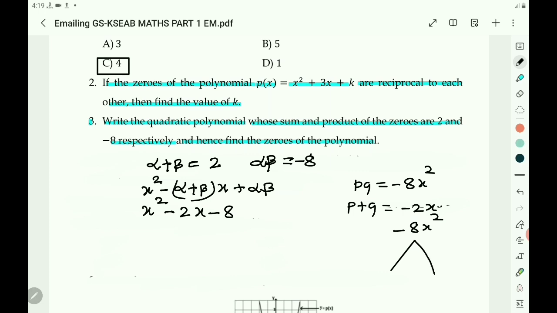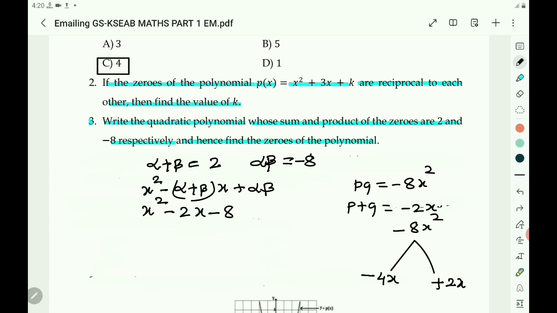Here the signs are different, and the product is having negative sign and the bigger factor is having negative sign, that is the sign of the middle term, that is minus plus. And 4 2s are 8, so you take 4x and 2x. Minus 4x plus 2x is minus 2x, and minus 4x into 2x is minus 8x square.